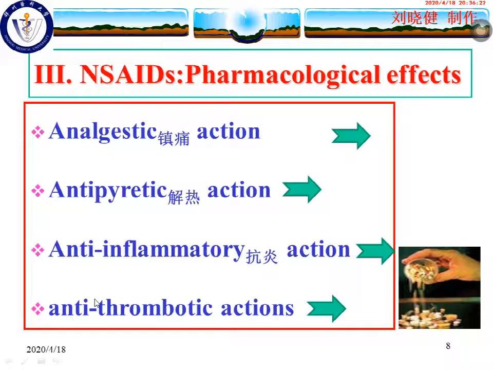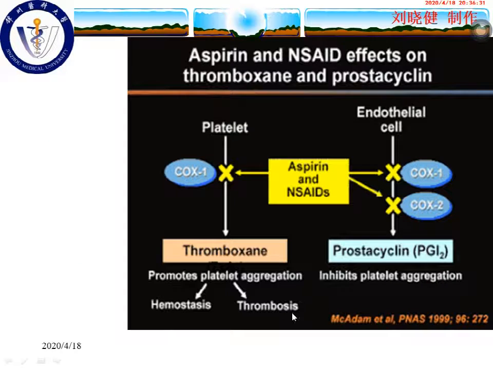Some agents, like aspirin, also have anti-thrombotic actions, because platelets and endothelial cells also have COX, but these two COX have different physiological functions.